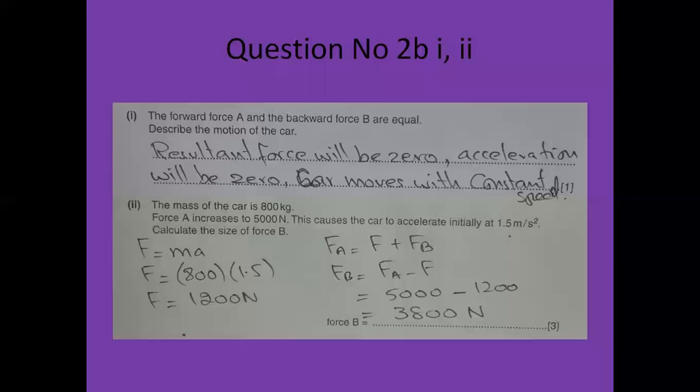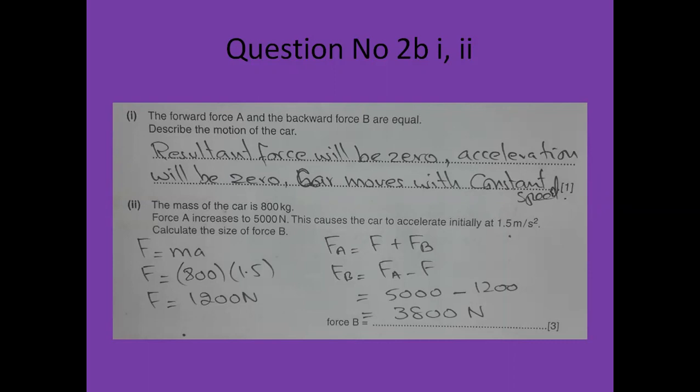So let me show you. First of all, I will find the resultant force, and that will be F equals MA. F equals 800 multiplied by 1.5, and that will be 1200 Newton. So the force applied should be able to provide this resultant force, plus it should provide force to overcome the friction.